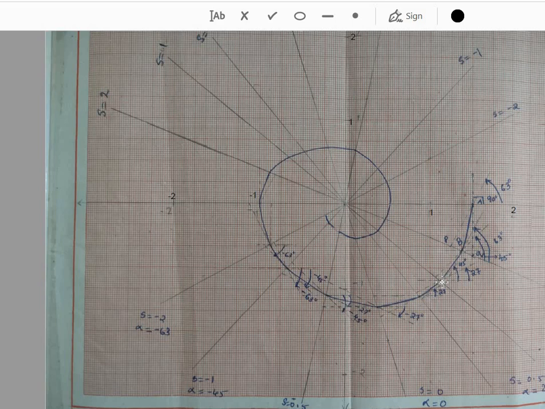Similarly, for finding the next point, that is this point C, from this point B, draw a horizontal line and mark the angle at this slope. The angle at this slope is 63 degree. So mark plus 63 here. Extend that to the next slope, s is equal to 1.